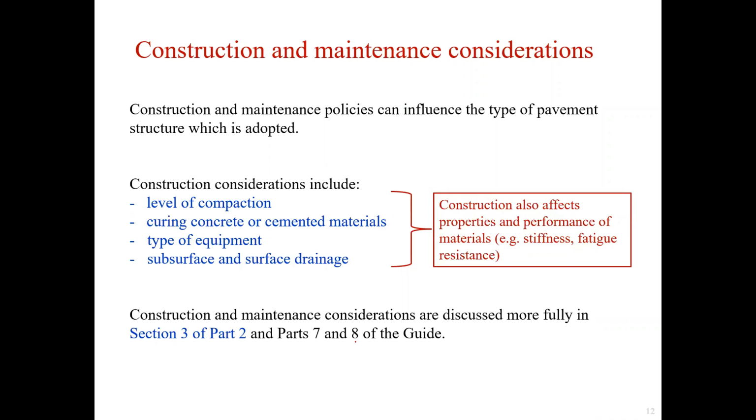Since construction also affects the property and performance of materials, considerations that need to be taken during the construction include the compaction level, curing of concrete or cemented materials, the type of equipment, and subsurface and surface drainage. For example, we need to make sure the pavement selected is compatible with the available equipment for construction.